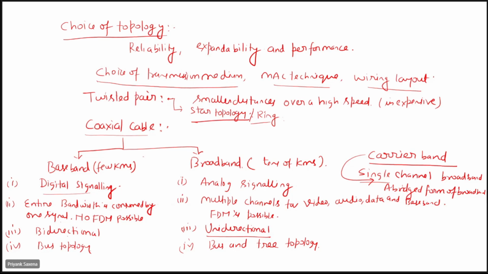But if you want to go for higher data rates, and you also like to cover a larger geographical area, then in that case, we can go for a coaxial cable. So coaxial cable we use like in our cable TV.